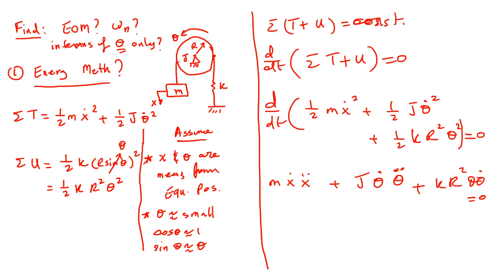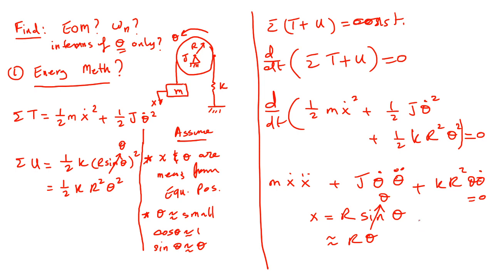What's the relationship between x and theta? This displacement x is equal to r sine theta, right? Theta is small. What does it mean, say theta is small? This sine theta will be equal to theta.